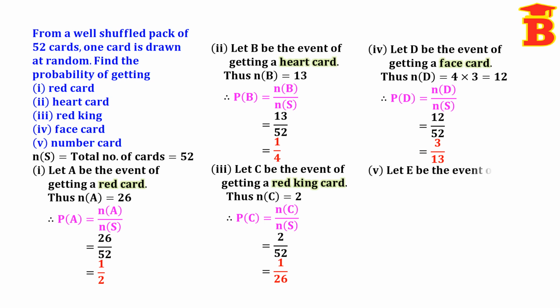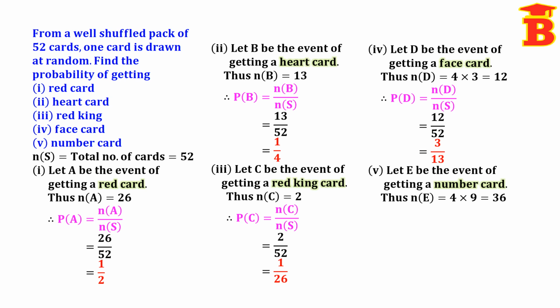And finally, fifth question, number card. Let E be the event of getting a number card. So N of E equal to 4 into 9. There are 9 number cards in each symbol. So we have the number 2, 3, 4, etc. up to 10. So there are 9 cards in each symbol.